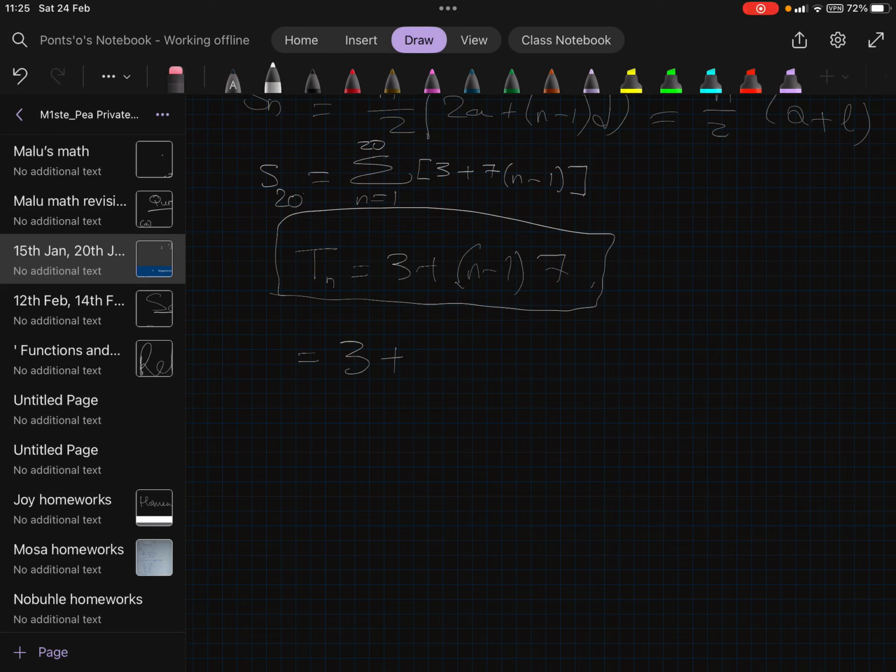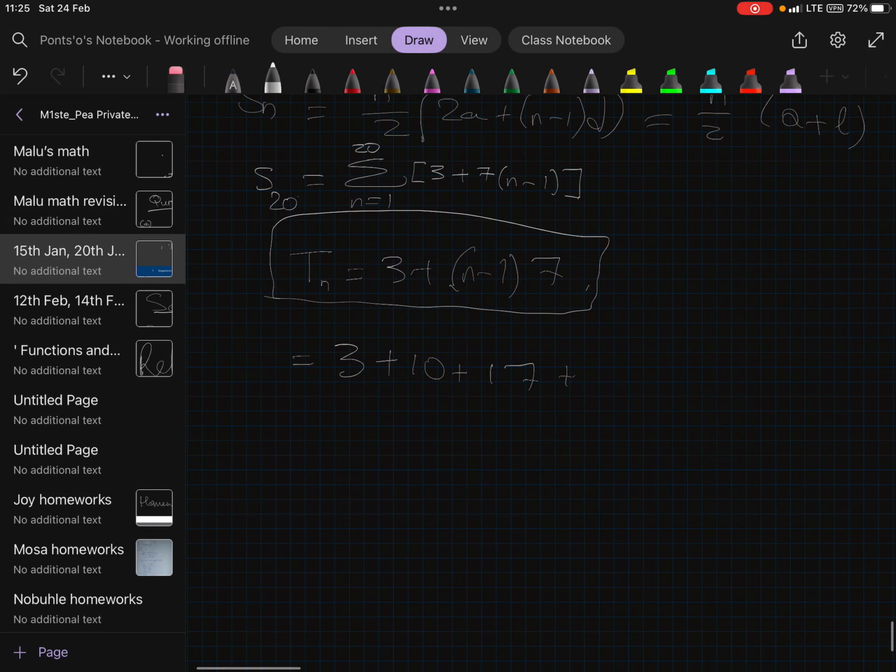We do it again for n equals 2. 2 minus 1 is 1 times 7 is 7 plus 3, that gives us 10. For n equals 3, we'll have 3 minus 1 is 2 times 7 is 14 plus 3, that gives us 17.